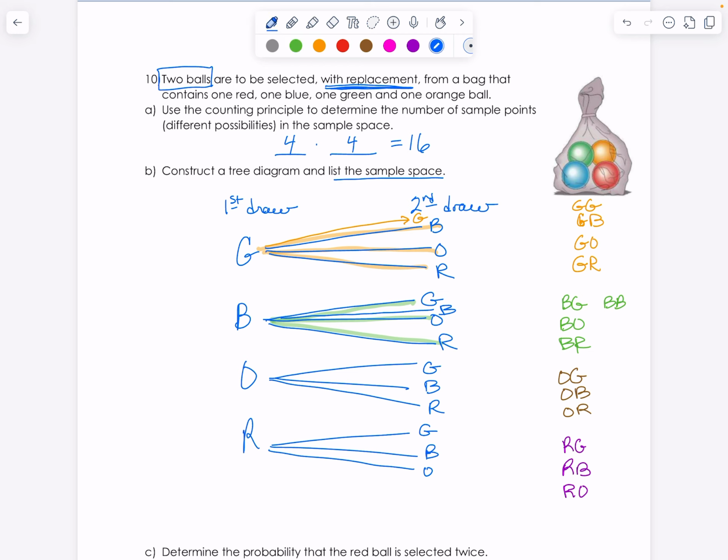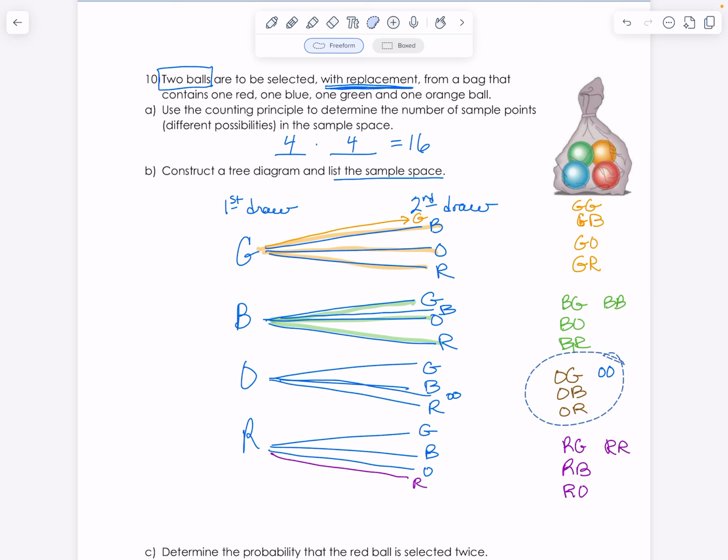So this one I could have orange and orange, and this one I could have red and red. I caught my mistake because I started counting and I didn't have 16. I'm supposed to have 16. So now I've got 16. I've got 4 of those, 4 of these, 4 of those, 4 of those. All right, so I have 16.